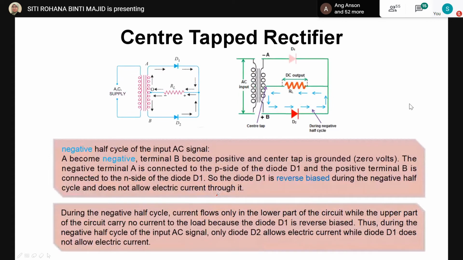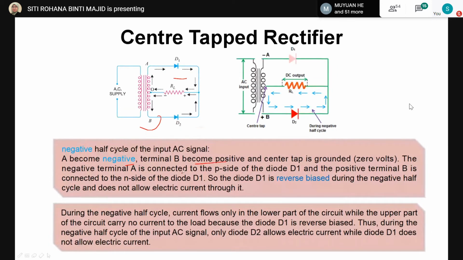Then for the negative half cycle of the input signal, the same thing, we just change the polarity: terminal A becomes negative and terminal B becomes positive. Again, the center tap is grounded at 0 volts. The negative terminal attaches to the P side of D2 and the positive terminal attaches to the N side of D1.